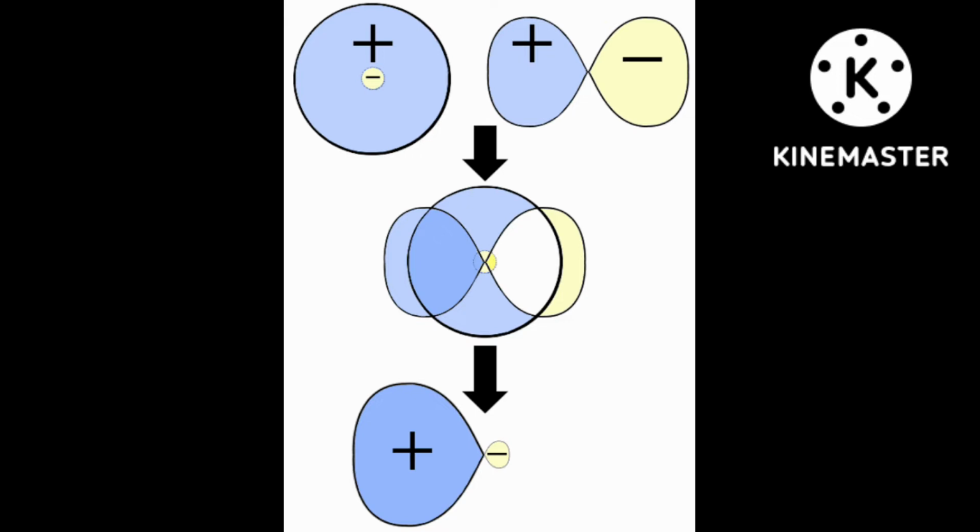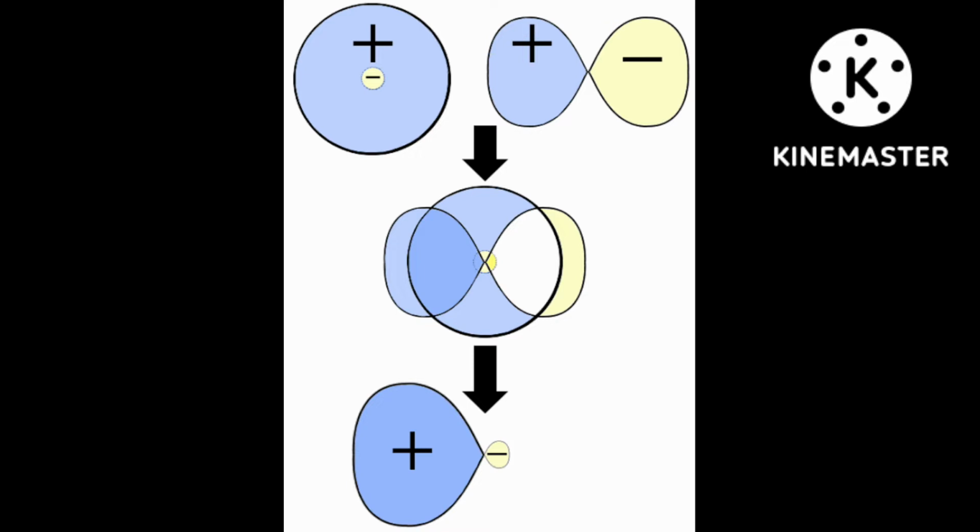Px, Py, Pz all differ slightly in their energy, not much. But after mixing, they will make new orbitals in the same number, and this time they will have equivalent energy.